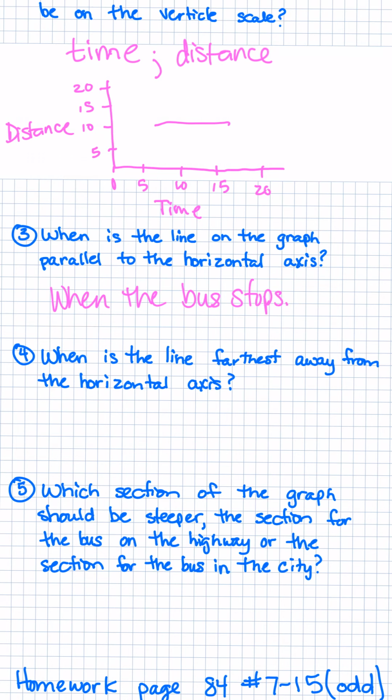When is the line farthest away from the horizontal axis? So way over here is when the bus is farthest from the transit center.